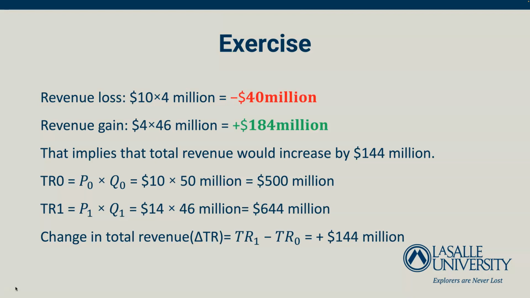That was $14 per unit multiplied by 46 million units, or $644 million in total. So the change in total revenue, or change in total expenditure, is the new total revenue minus the old. That's an increase of $144 million.